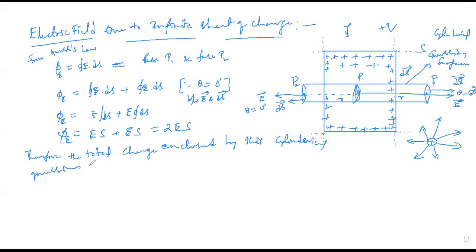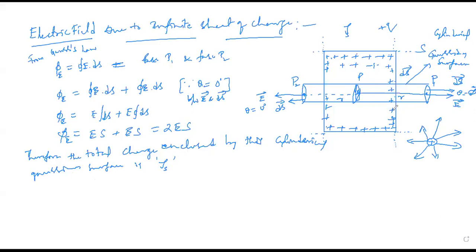For the cylindrical Gaussian surface we can write it as rho s. Correct? So this is the total charge with respect to the Gaussian surface. From Gauss law, that means the total charge enclosed by the Gaussian surface, whenever you write here, the total surface area of the cylindrical surface can also be written.